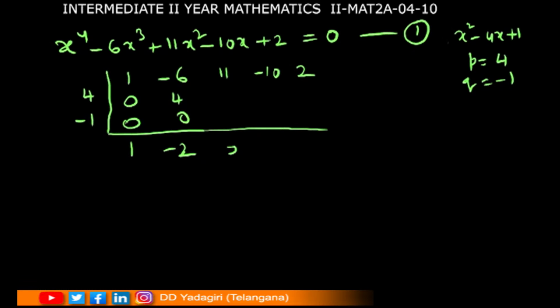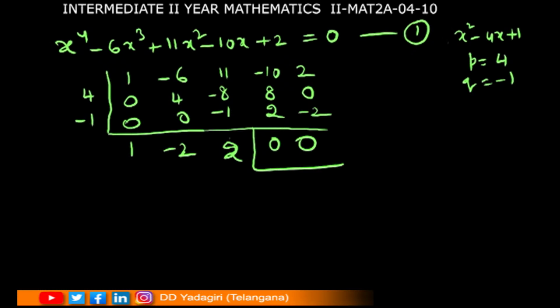Let us redo: 4 into -2 is -8, -1 into 1 is -1. So 11 minus 9 is 2. Okay. 4 into 2 is 8, -1 into -2 is plus 2. So this becomes 0. -1 into 2 is -2. So you will get a 0 as remainder.